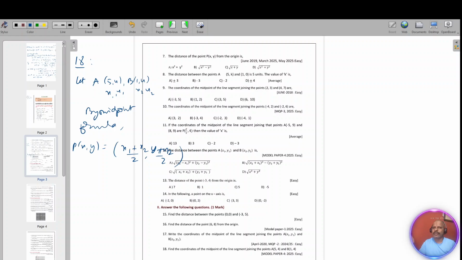Then you substitute the values. X1 is 5, x2 is 1, by 2. 4 plus 4 by 2, 6 by 2 and 8 by 2. 2 ones are 2, 2 threes are 6, 2 ones are 2, 2 fours are 8. So (3, 4) is the midpoint here. Clear? We'll move to the next question.